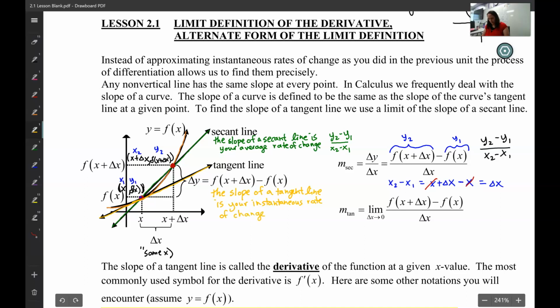So the slope of this yellow line would give us the slope at this point. Not over an interval, but at that point.